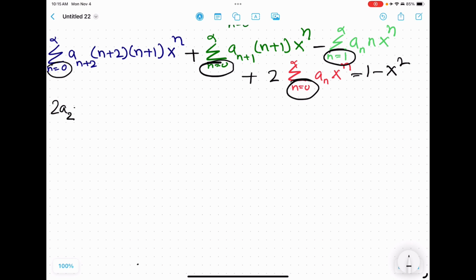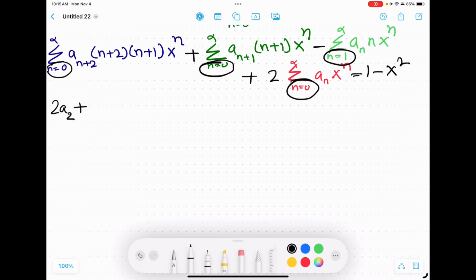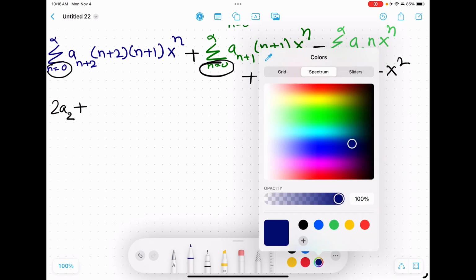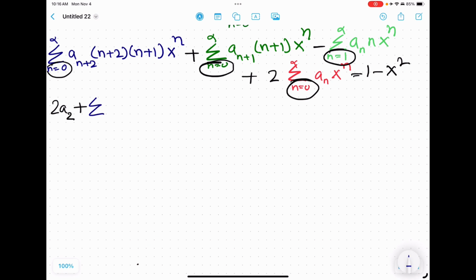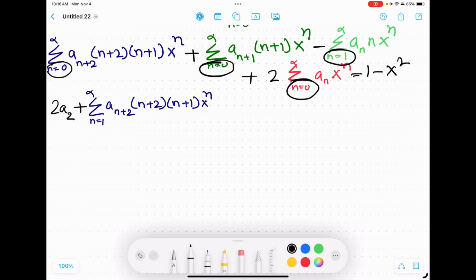Then I have my plus, and now I can shift my index to 1, since I've already written my n equal to 0 term separately. So using that same blue color, I have summation n equal to 1 to infinity a sub n plus 2 times n plus 2 times n plus 1 times x to the power n. And then I have my plus.